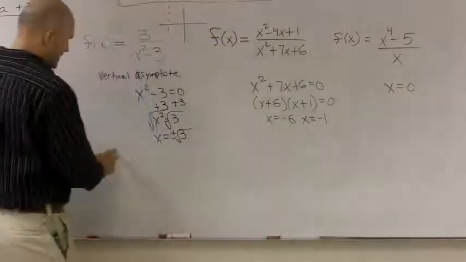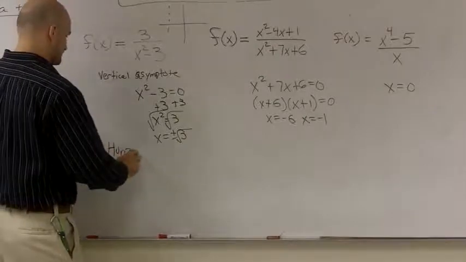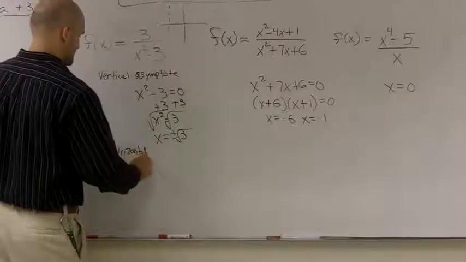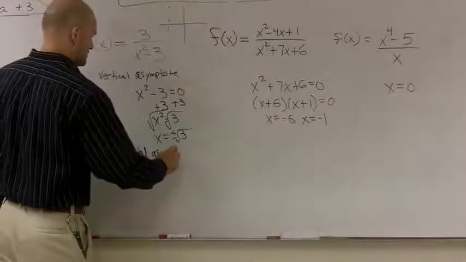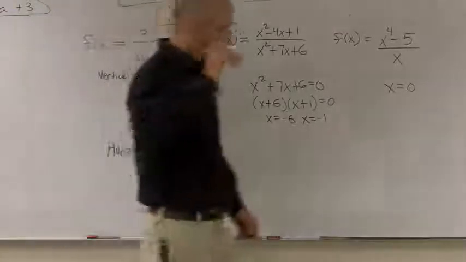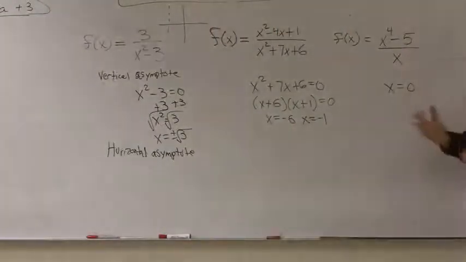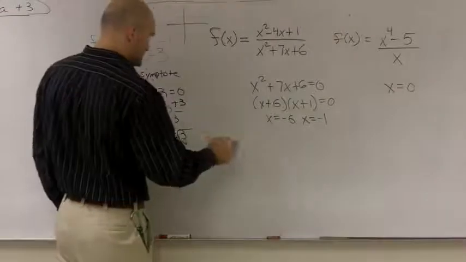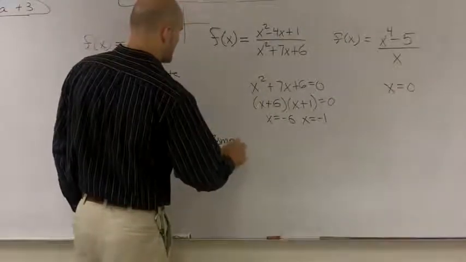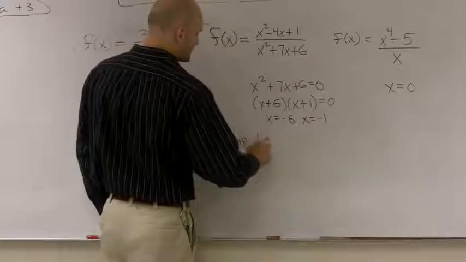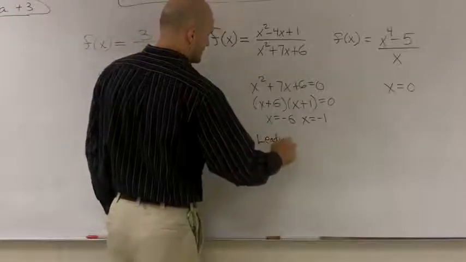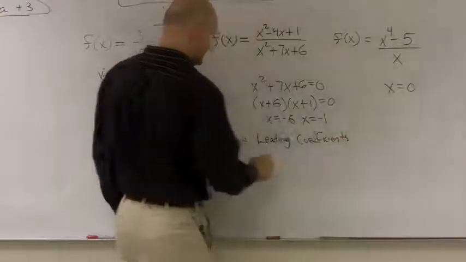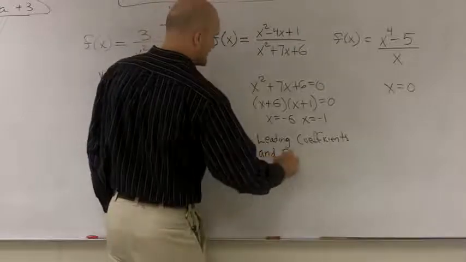The next one is we need to look at our horizontal asymptote. It's very hard to write with a pen like this, or at least upside down. When you want to find your horizontal asymptote, we need to compare our leading coefficients and degrees.